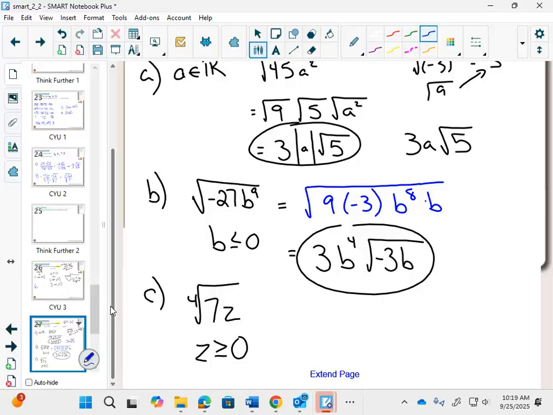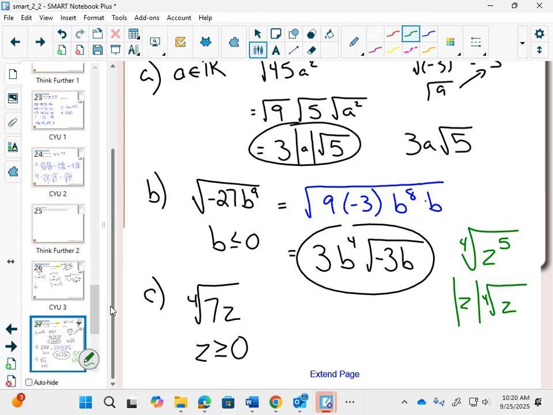With the variable, if you have a power of 4, you would need at least 4 z's to pull one out. Right? Like if I had, just off to the side, just to show you, if I had a z to the 5, I could pull out one z and be left with 1 then.